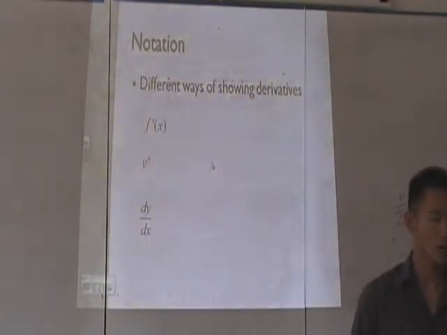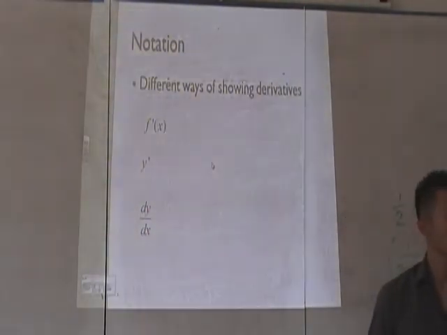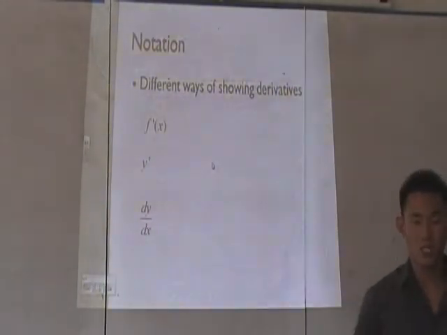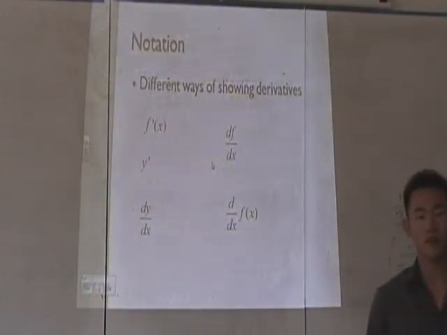It sounds more complicated than it actually is, but it's just a derivative. So when it says find dy dx and it gives you a function, you're looking for the derivative of something. We have df over dx because y and f are a lot of times the same thing. And then the last one is d over dx of f of x.